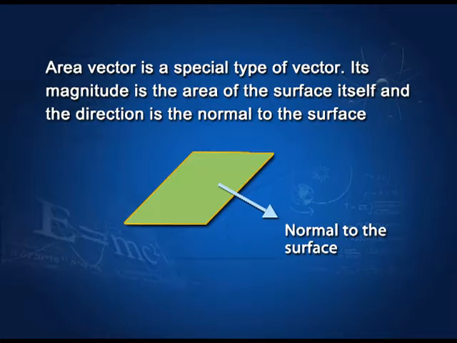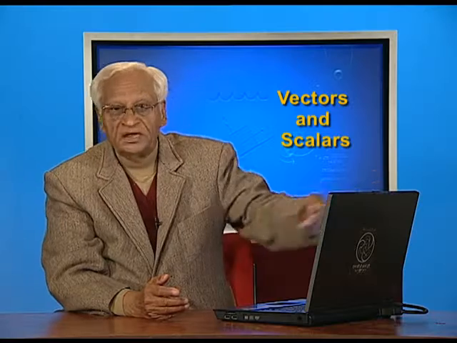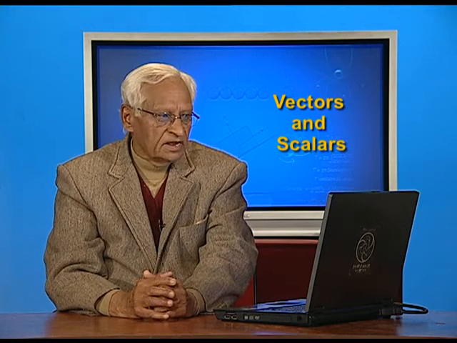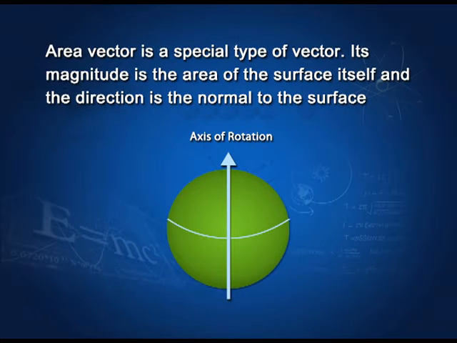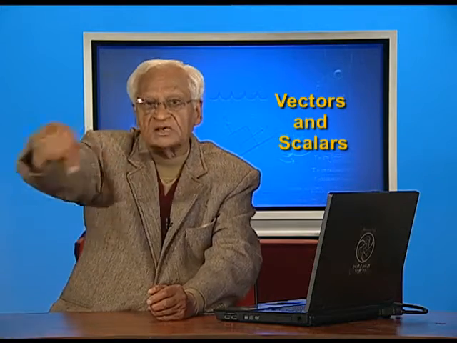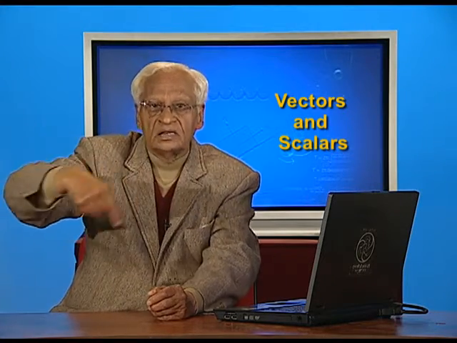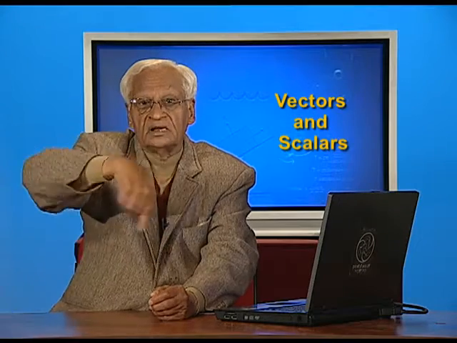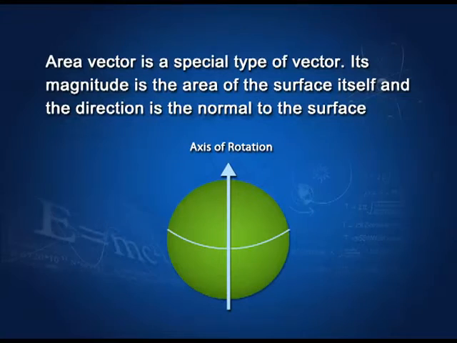In this diagram, the surface area is the magnitude and the normal to the surface is the direction of this vector. Another vector which is slightly peculiar is angular velocity vector. The magnitude of the angular velocity vector is the rate at which something rotates, and its direction is along the axis about which it rotates. So, it is a special kind of vector, but it is a vector all the same.